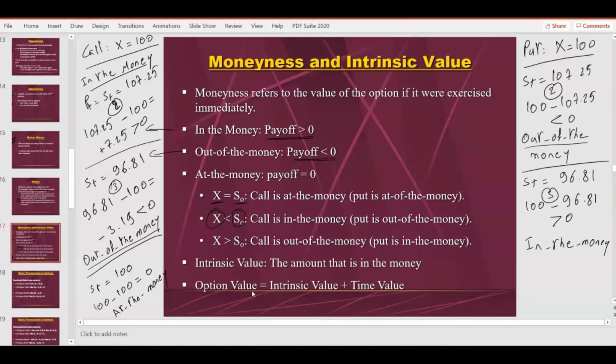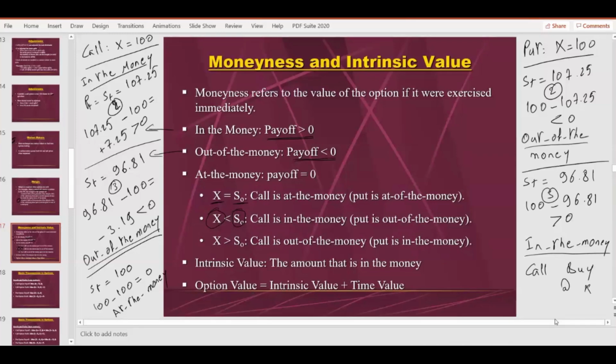Now, of course, you do not have to memorize the conditions, because this is intuitive. You can directly tell under which conditions a call or a put is in the money, out of the money, or at the money. Simply, you need to remember the definition of each option. For the call, it's the right to buy at X, the strike price.